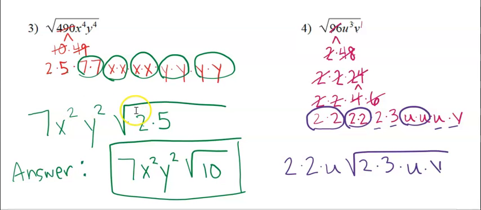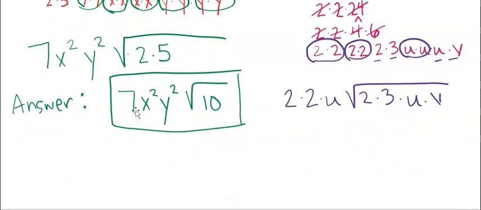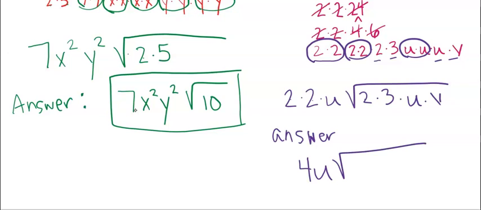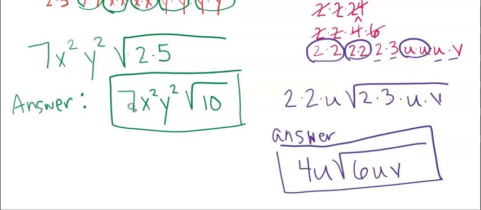So like I said, the idea is the same, but I think all of these examples show something a little different. So our final answer, we are going to multiply what we can back together. So I get 2 times 2 is 4. And 2 times 3 gives us 6uv. And so that's our final answer, okay?